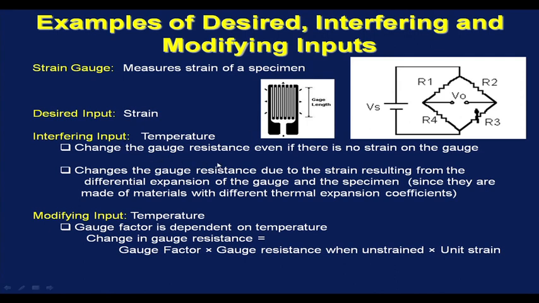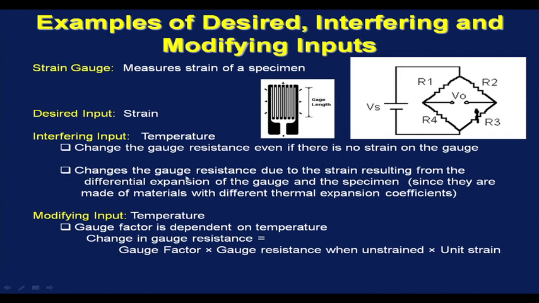The resistance of the wire is a function of temperature, and if there is a change in temperature in the ambient, the gauge resistance can change, which can show an unbalanced current in the circuit. So, temperature works as an interfering input.